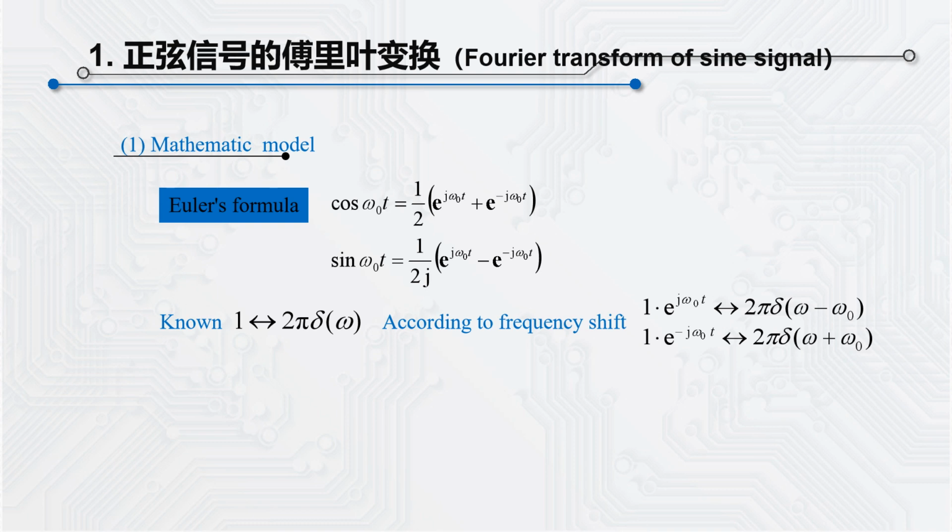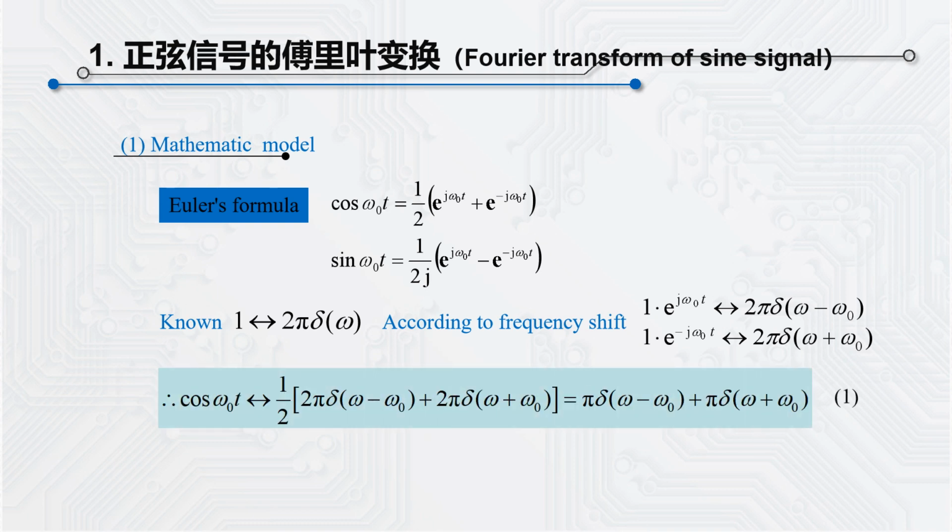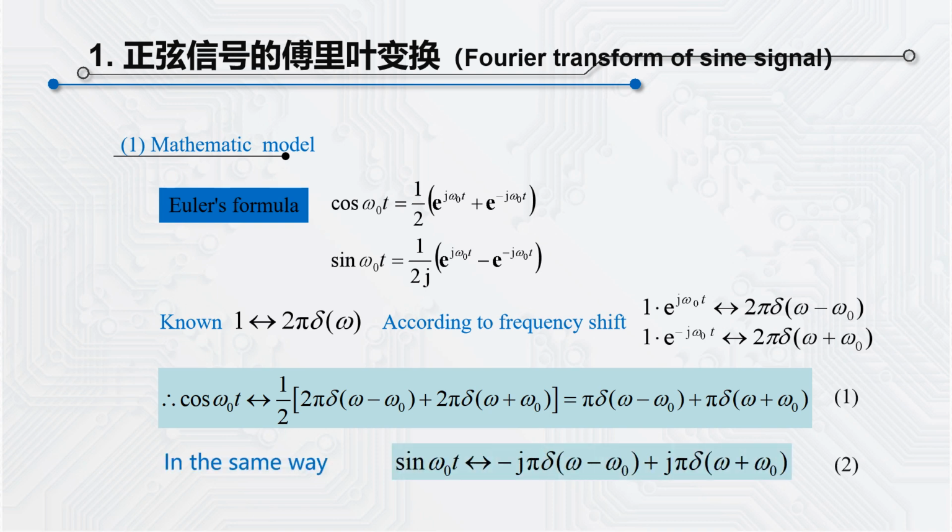According to frequency shift, we can get the Fourier transform of cosine omega 0 t as shown in expression 1. Similarly, we can get the Fourier transform of sine omega 0 t as shown in expression 2. Obviously, the frequency spectrum of Fourier transform of sinusoidal signal is expressed by the impulse function.